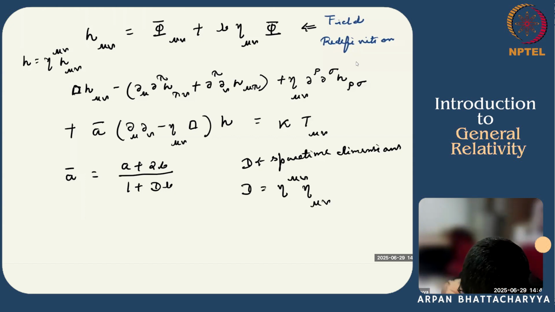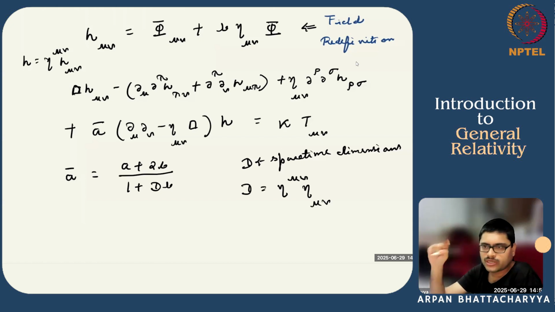Now inside a bar, you can see we have this a, the previously undetermined constant, and now this b. Because of field redefinition, we can choose b to be anything we want. In fact, we are going to use this freedom of field redefinition to adjust b such that we can fix this a bar.